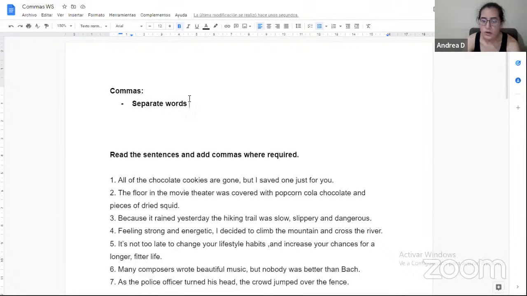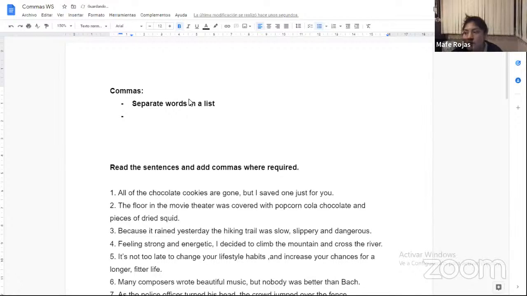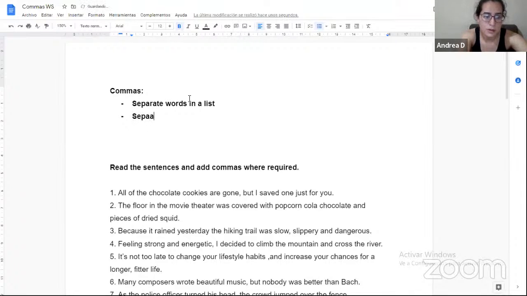Like any 2 words? No, could be months, dates. So basically words in a list, right? Yes. What else? When else do we use commas? To separate adjectives. Yes, when you have more than 2 adjectives.